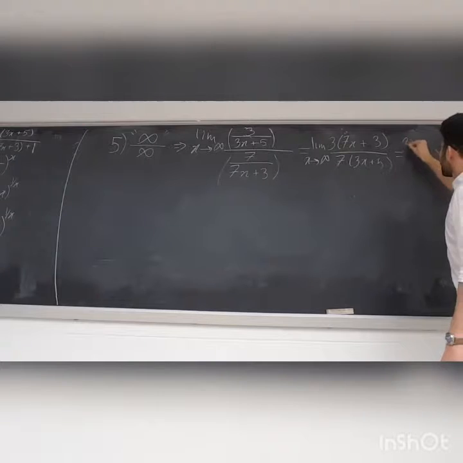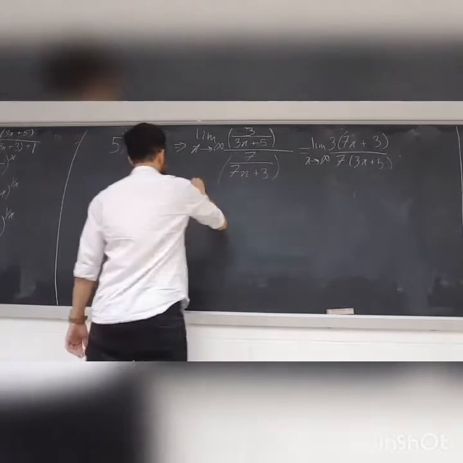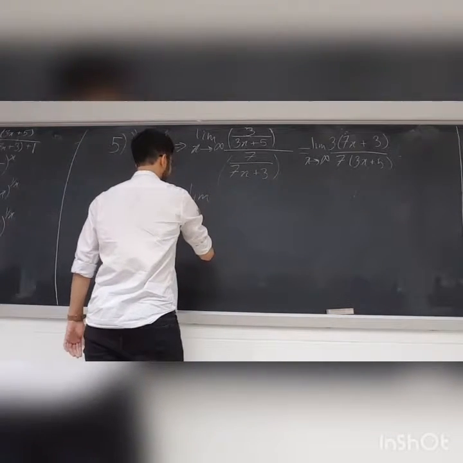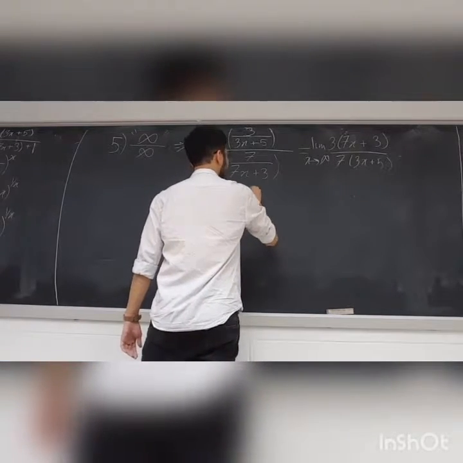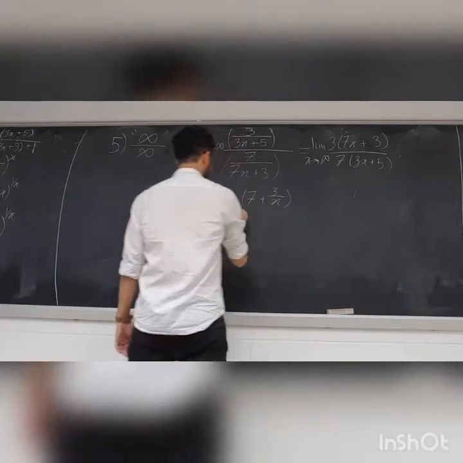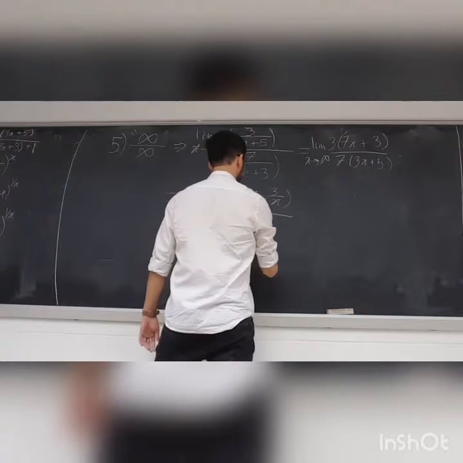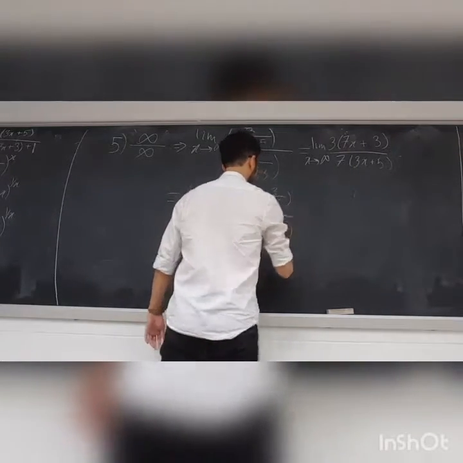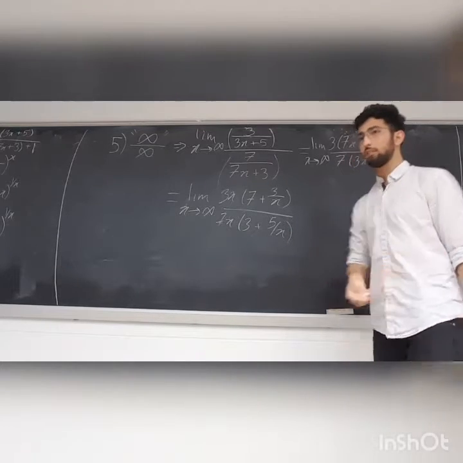So then you would get the limit as x tends to infinity of 3x times (7 plus 3 over x) all over 7x times (3 plus 5 over x). Cool. So what do you do from here?